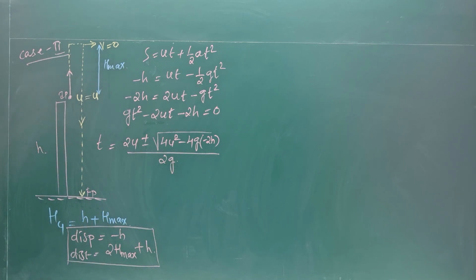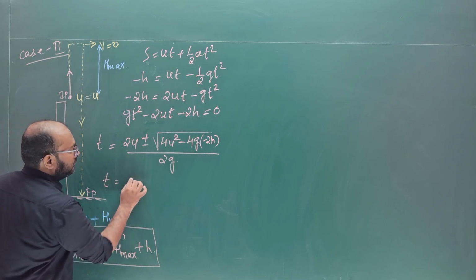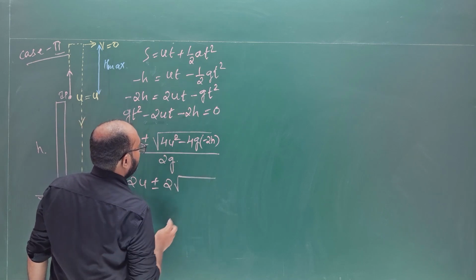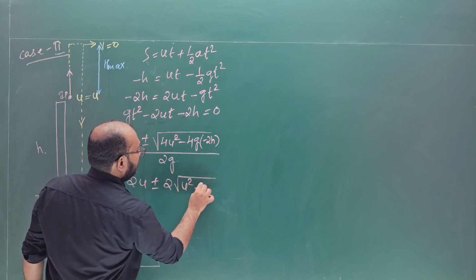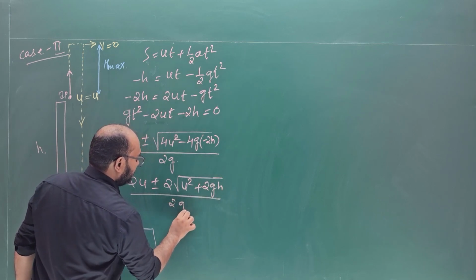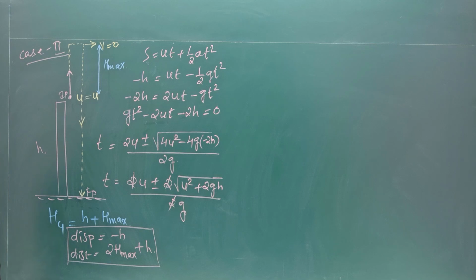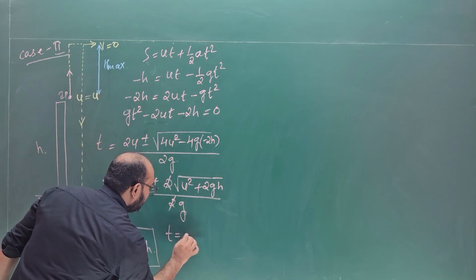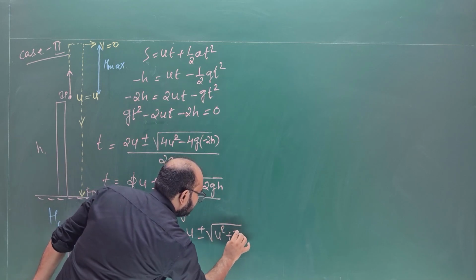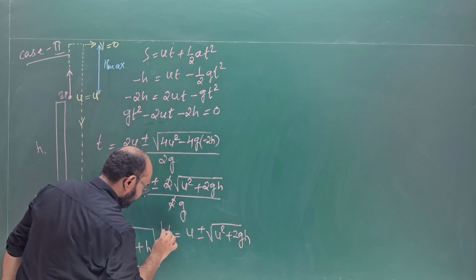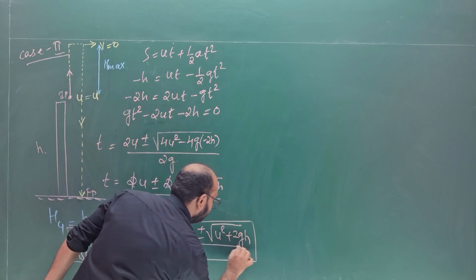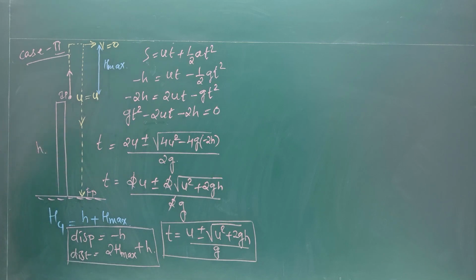Can I also write t is equal to 2u plus or minus 2 times under the root of u square plus 2gh, upon 2g? Then the time formula comes to be u plus or minus under the root of u square plus 2gh, upon g. Okay, this is our formula.